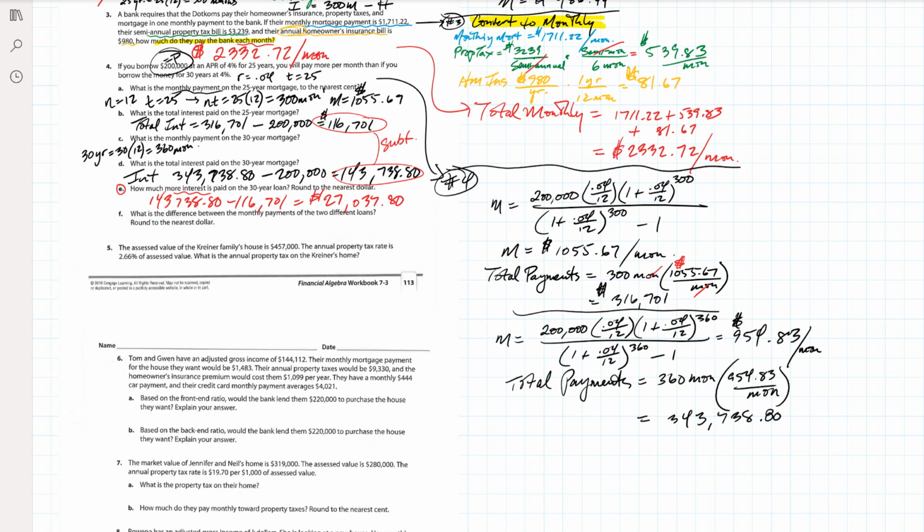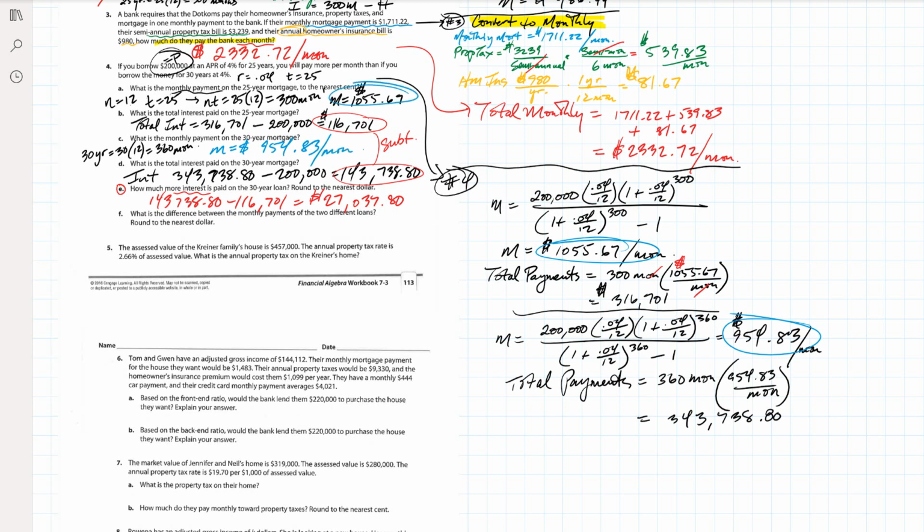And then the question is, what's the difference in the monthly payments? Well, I know the two monthly payments. So I've got to subtract these. On the longer loan, the monthly payment was $954.83 per month.